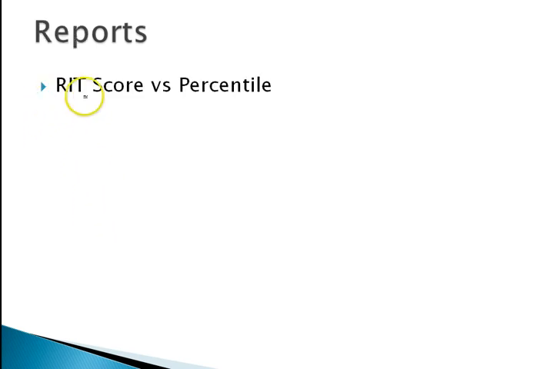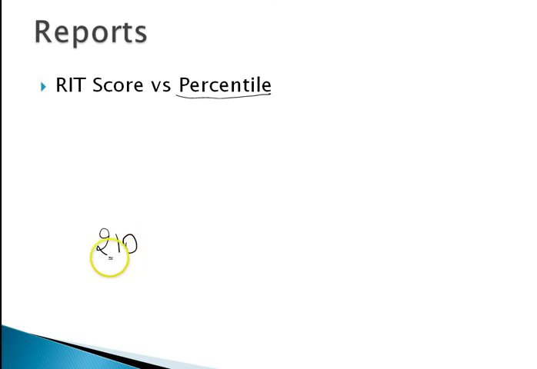What does it give? It gives the RIT score, as we said. Now, the RIT score is only part of the story, as it doesn't show exactly how much the student performs against international standards. So, the other part would be the percentile. Let me give an example. If a student in grade 4 is taking the math test and he got a 210 RIT score, what does that mean?